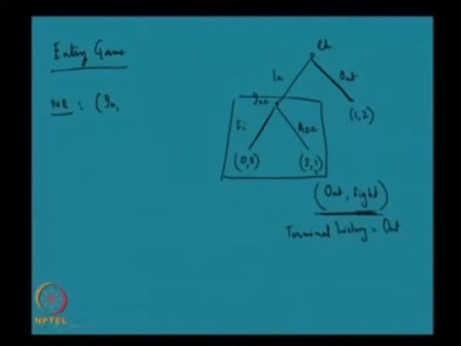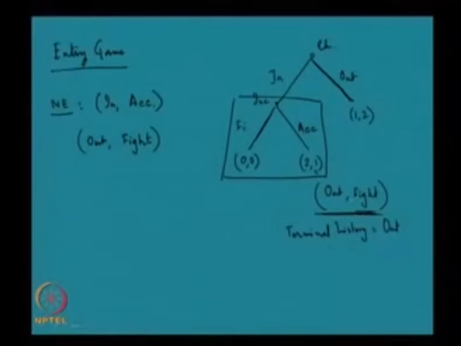One was in and accommodate, and the other was out and fight. Now let us see whether they are subgame perfect Nash equilibria or not. I try to give the impression that out, fight is not a subgame perfect Nash equilibrium. But before going into that, let us do it more systematically and look at in and accommodate. Is this a subgame perfect Nash equilibrium?